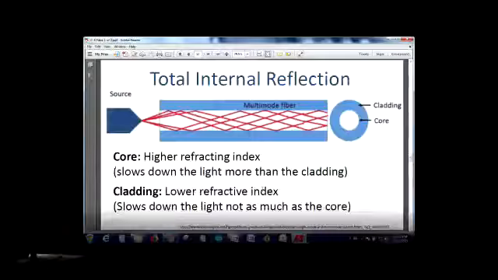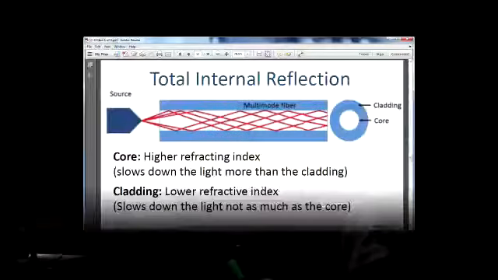Well, you can see where there's a source. The source shines the light inside something that's called a fiber optic link or optical fiber. The circle to the right that you see here is basically what you get if you turn that 90 degrees, looking straight into the optical fiber.